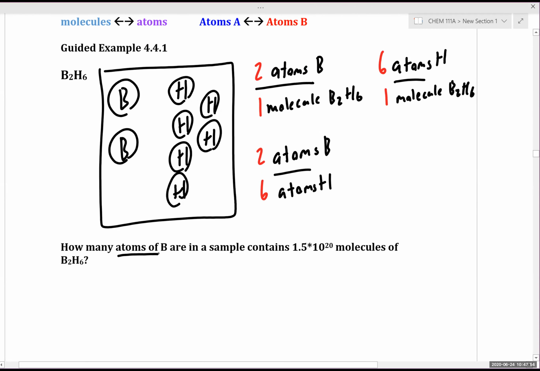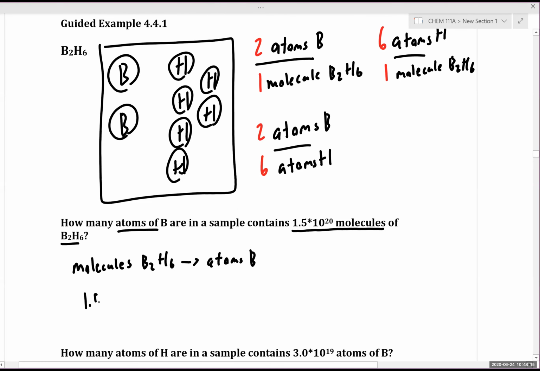So we're asked how many atoms of boron are in a sample that contains 1.5 times 10 to the 20th molecules of B2H6. So we're going from molecules of B2H6 to atoms of boron.